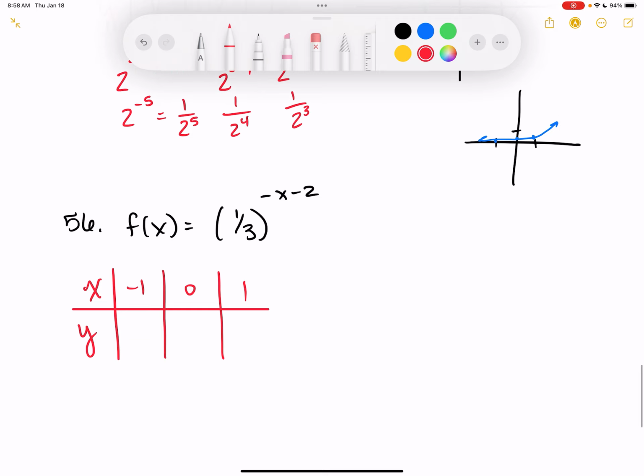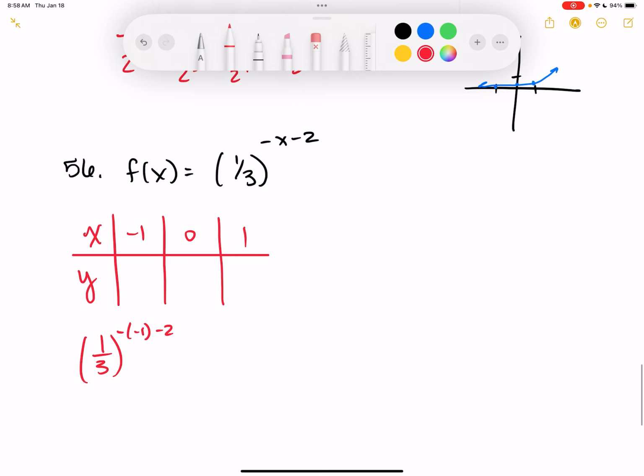All right, so if I plug in -1, I've got 1/3 raised to the -1 minus 2. So that's 1/3 to the 1 minus 2, so it's 1/3 to the negative 1, which is what? 3.